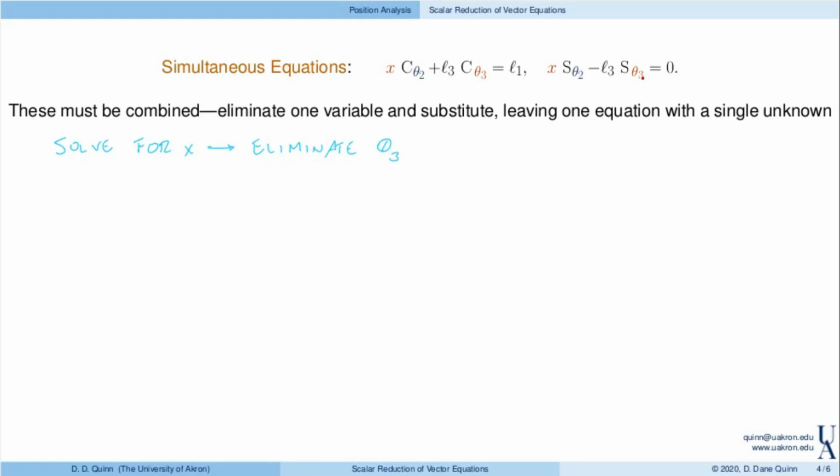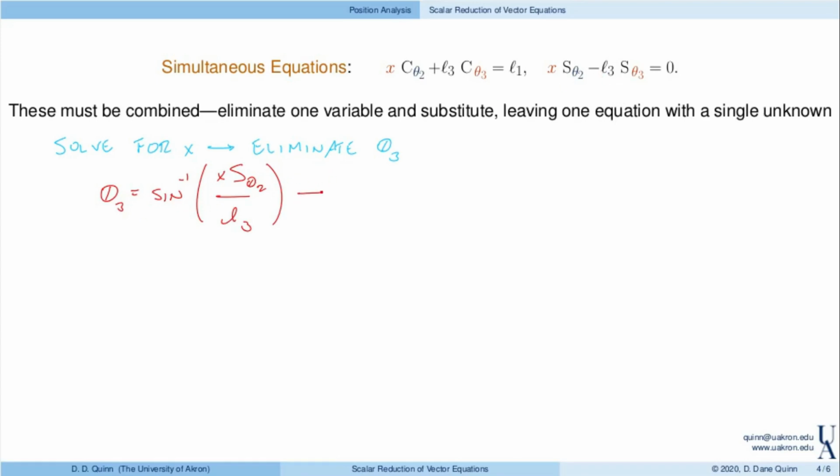So basically, I'll solve this, and we see that theta 3 is equal to the inverse sine of x sine of theta 2 divided by L3. Again, I just solved this equation for sine of theta 3, which is x sine divided by L3, and then took the inverse sine.